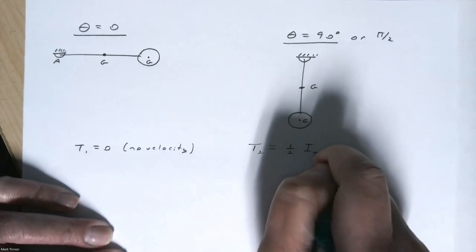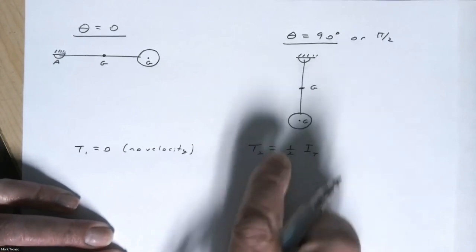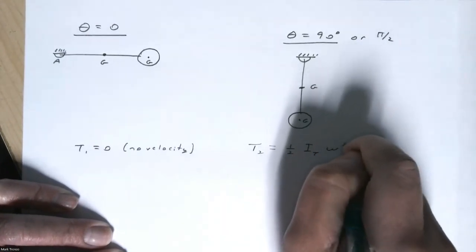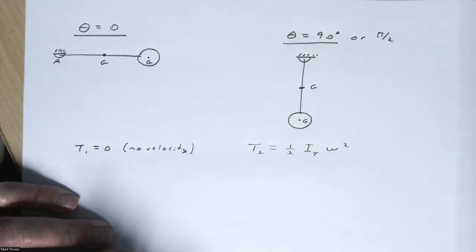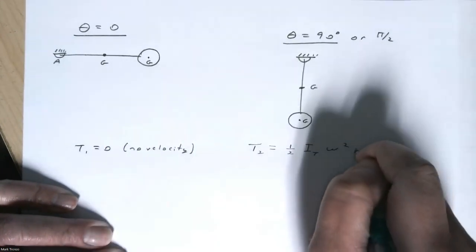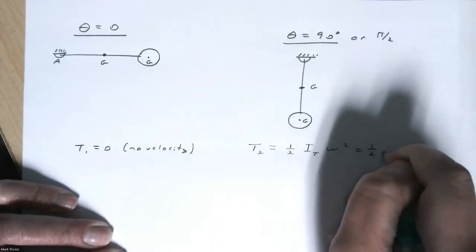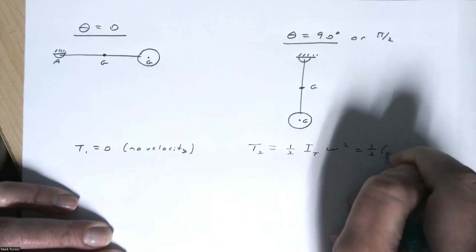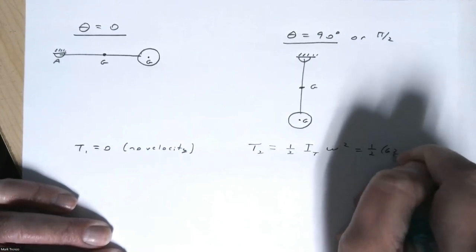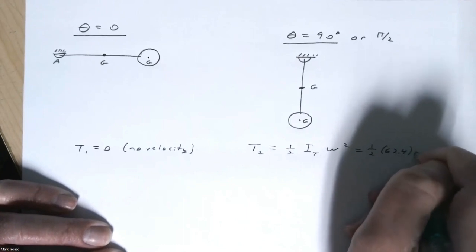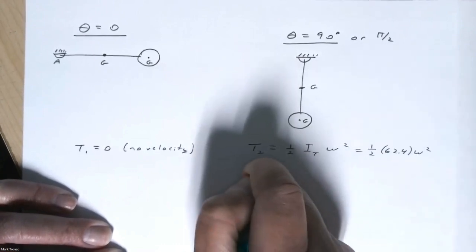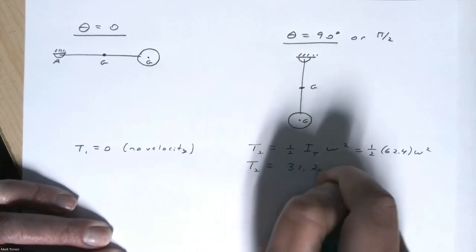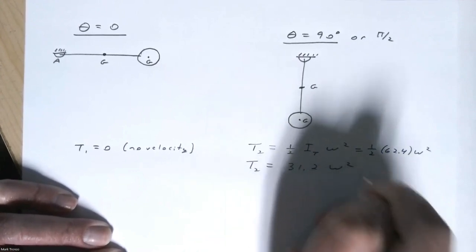I guess I called it total or T before, but it's the mass moment about A. And so we can use this equation, and that's simply 1/2 times 62.4, I believe we got, times omega squared. So T2 is 31.2 omega squared.